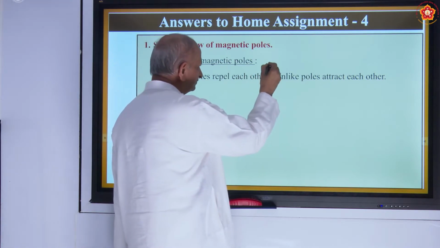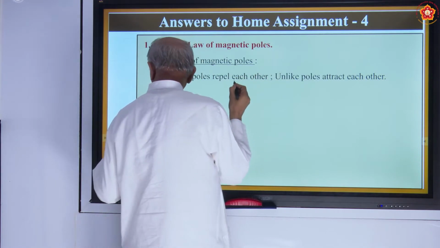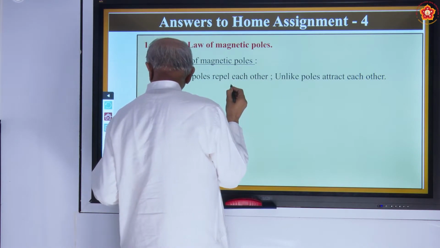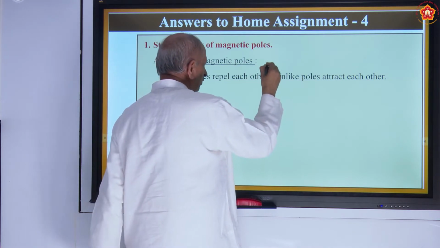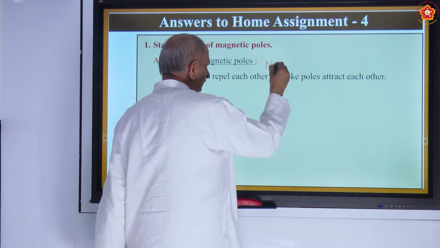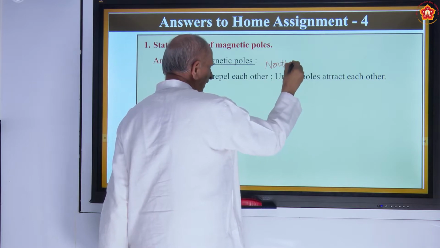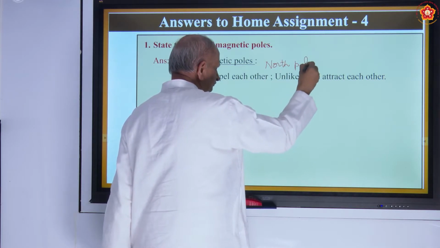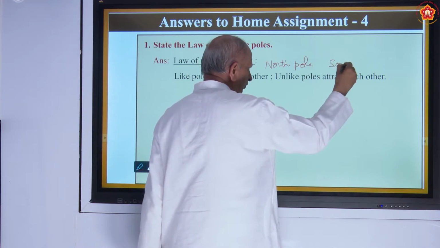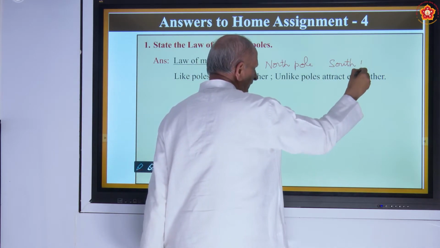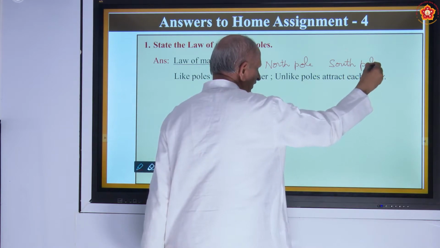What is the name of that? They are called North Pole and South Pole. There will be two poles for a magnet, called North Pole and South Pole. So what do you mean by like poles?